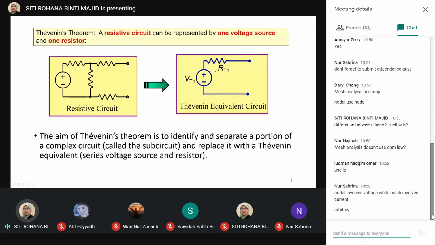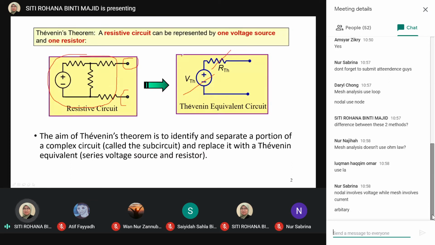These two elements are known as a Thevenin equivalent circuit. As I mentioned before, if you have many loops before these two terminals, we will combine them until we get only one resistor and one voltage source.